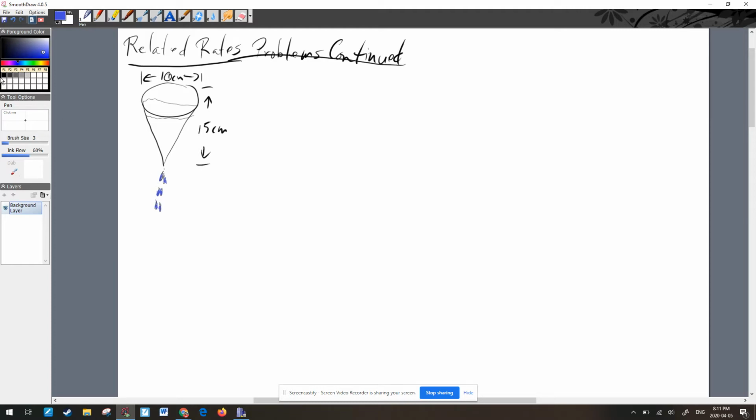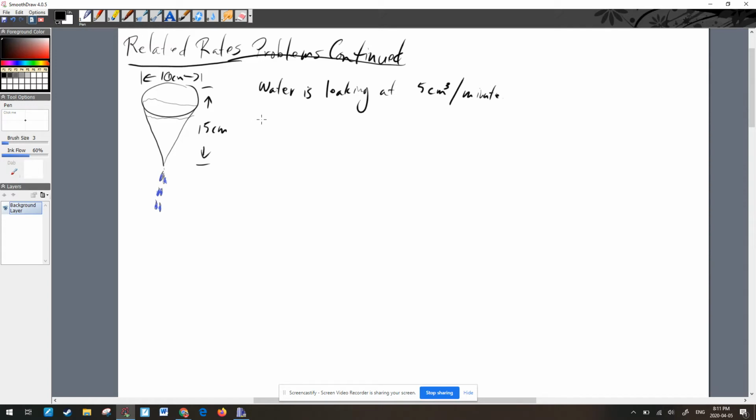Now, we know that the rate that water is leaking out is 5 centimeters cubed per minute.